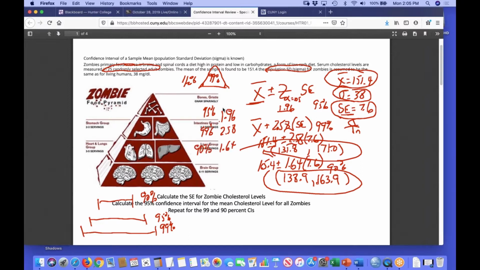You're able to use these z-scores in your formula for the confidence interval to calculate your margin of error and add and subtract it from your sample mean. So that's kind of a unique situation because that's what we happen to know about it: the mean of the sample, the standard deviation of the population, and the sample size, right? That sample size was the other thing that we knew, and we're able to calculate a standard error from that.